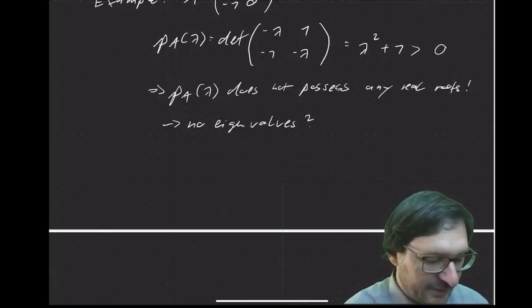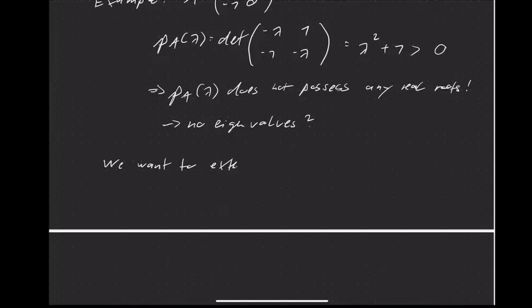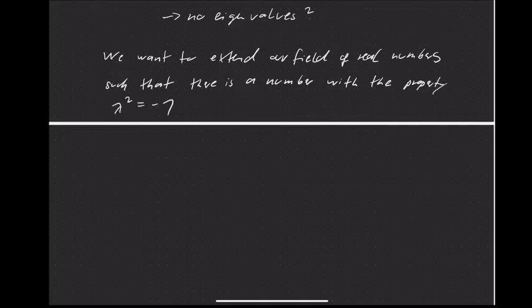So what we need to do is we want to extend our field of real numbers such that there is a number with the property lambda squared equals minus 1.